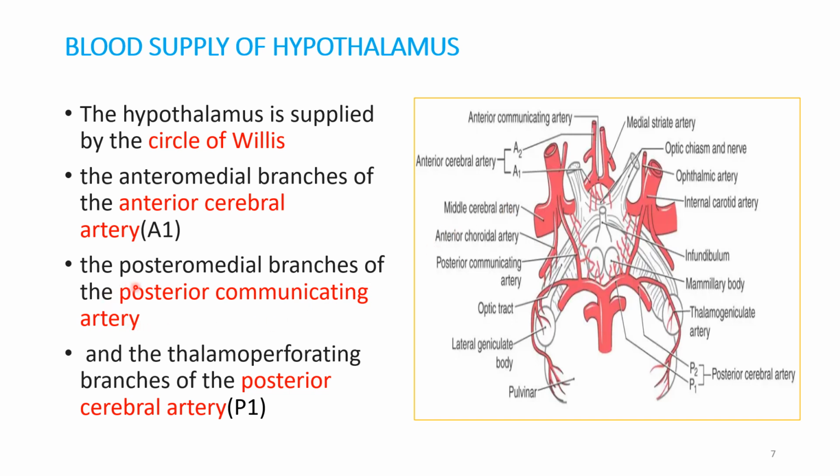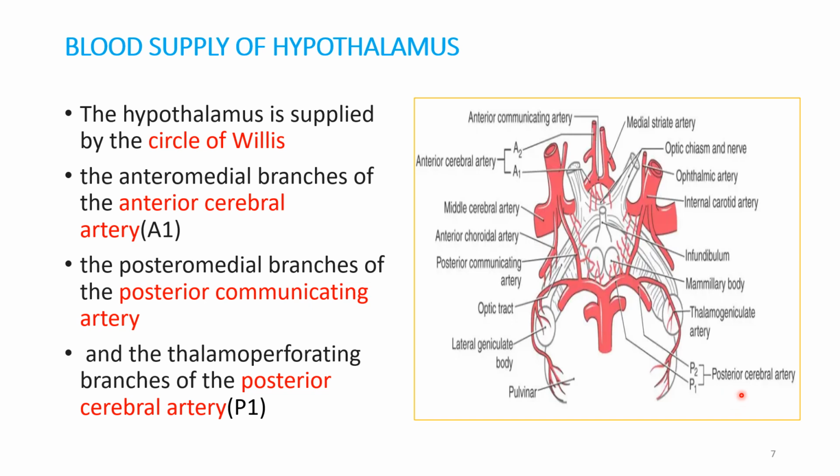It is also supplied by the posteromedial branches of the posterior communicating artery and the thalamo-perforating branches of the posterior cerebral artery, P1.